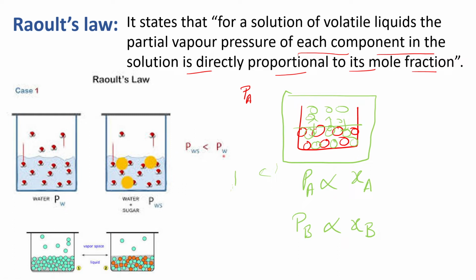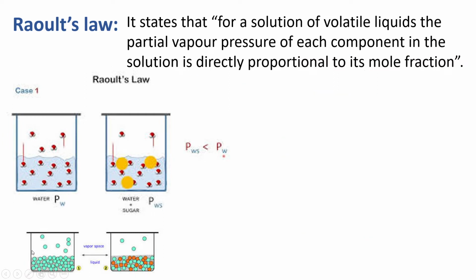So we can say that for a solution of volatile liquids, the partial vapor pressure of each component is directly proportional to its mole fraction, and that P total is equal to partial pressure of A plus partial pressure of B, where PA is directly proportional to its mole fraction.